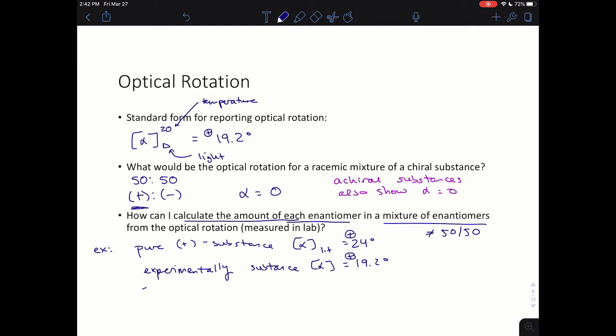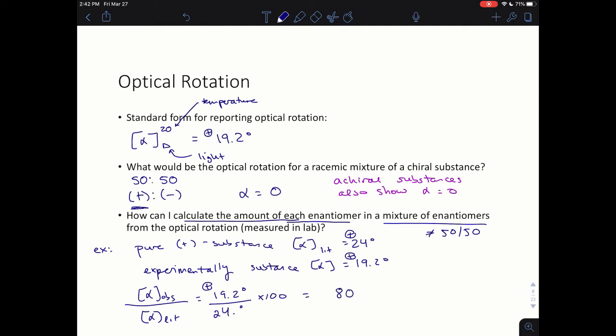What you would do is you would take the observed optical rotation and take the ratio with the literature optical rotation. So we would get 19.2, that's our observed rotation, divided by 24 degrees, our literature rotation, times 100.